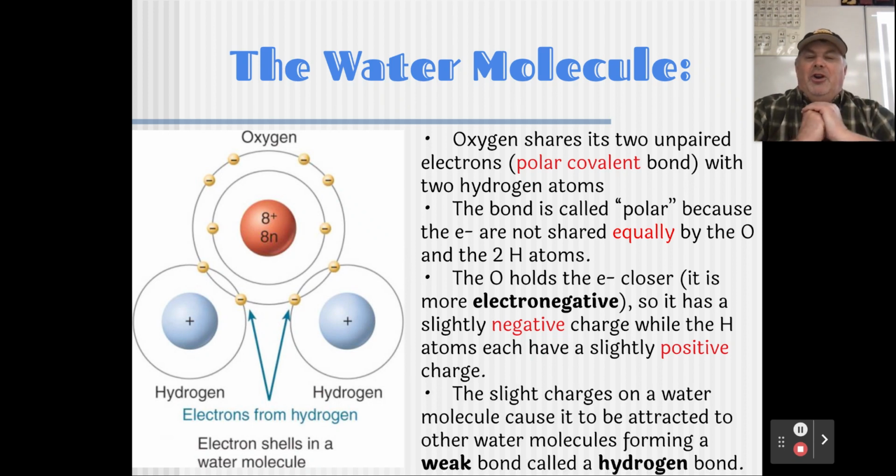So this slight charge allows it to have some unique properties and allows water to actually expand as it freezes and condense as it goes from a solid to a liquid, which is just the opposite normally of most matter.